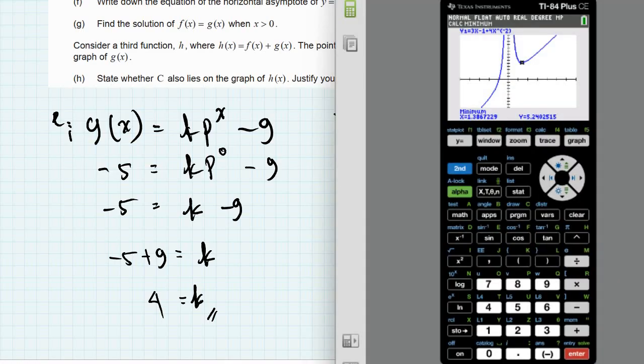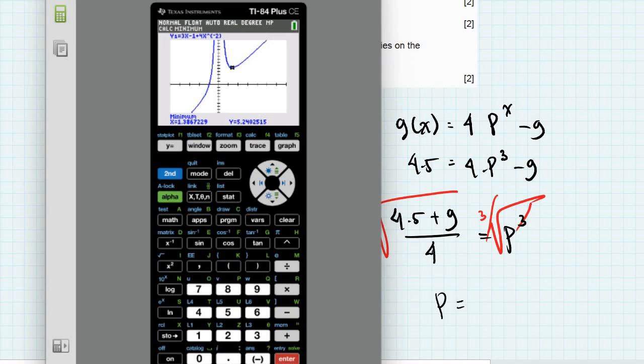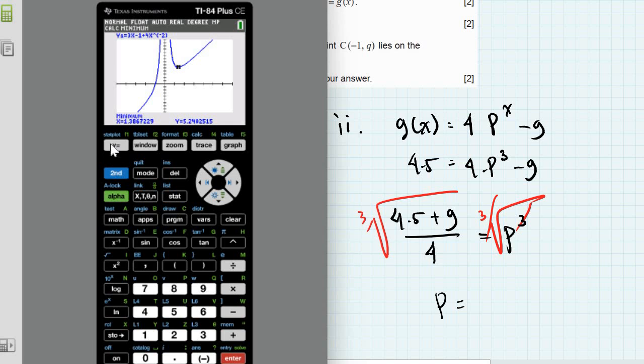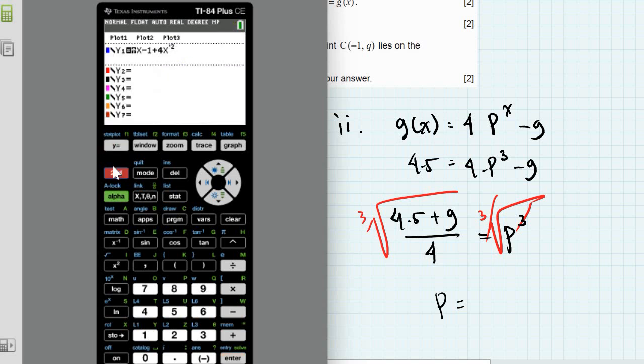let's input it to our calculator. Okay, 4.5 plus 9 is 13.5. You don't have to type that. Divided by 4, you don't have to input it in the calculator if you can share.